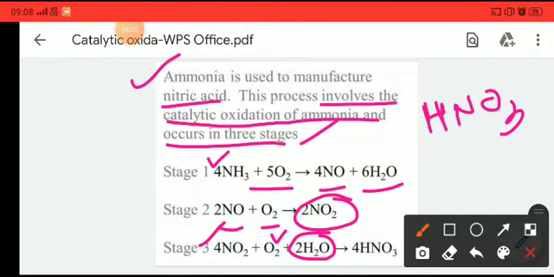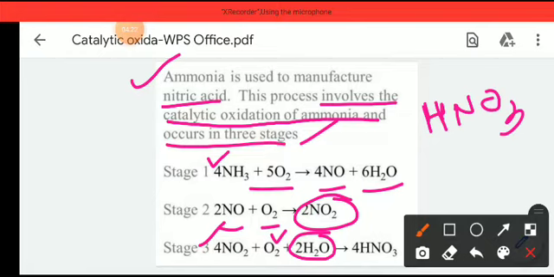In the first two steps, stage 1 and stage 2, ammonia reacts with oxygen producing nitric oxide, and this nitric oxide is further oxidized with oxygen producing nitrogen dioxide.